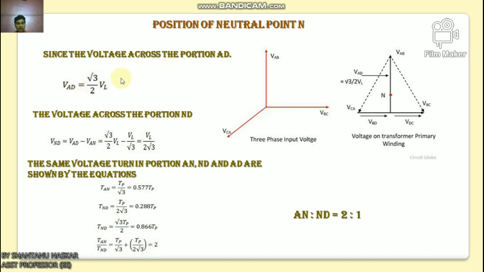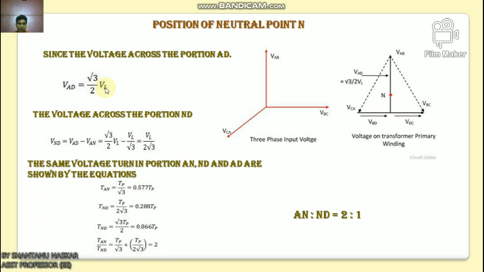Since the voltage across portion AD, look at this picture, VAD equals root 3 by 2 VL.